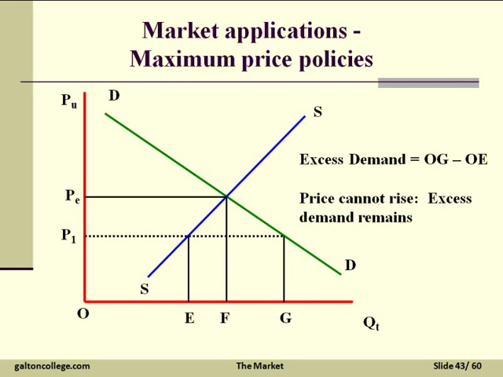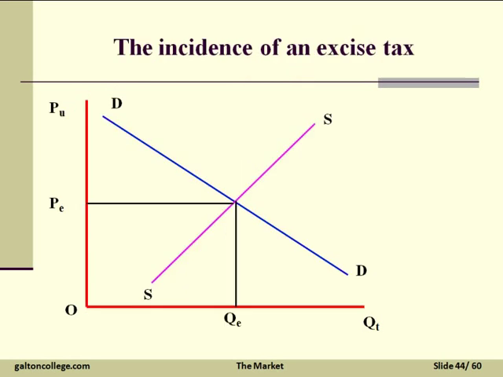And also you might have producers stepping up production to try to meet the demand as well. So even though the official price is fixed at P1, there might be a non-official price, a market price, not condoned by the government perhaps, but one that emerged nonetheless, of PE. So the government policy there may not have been effective.